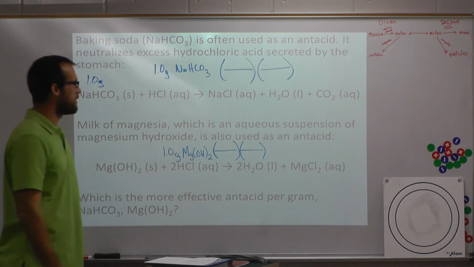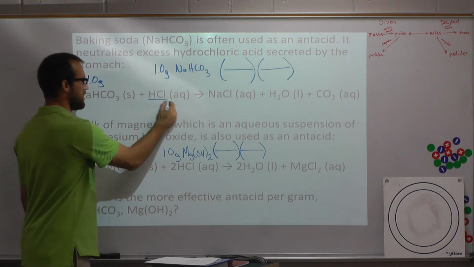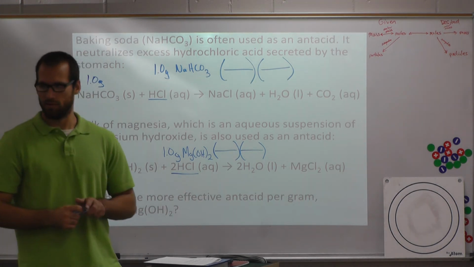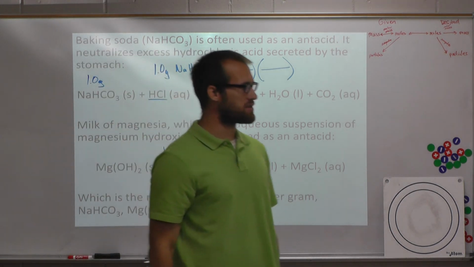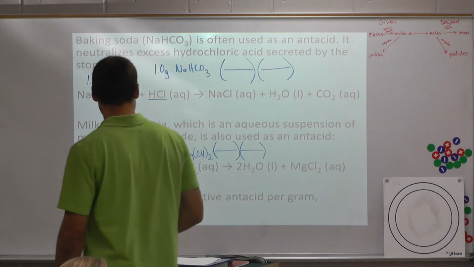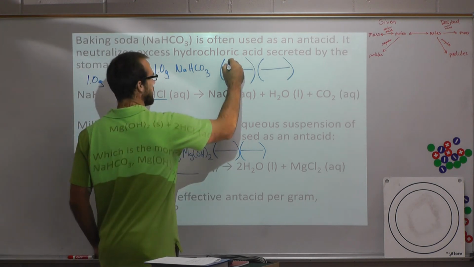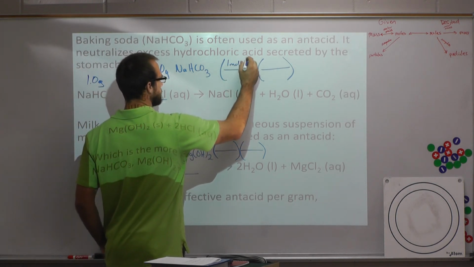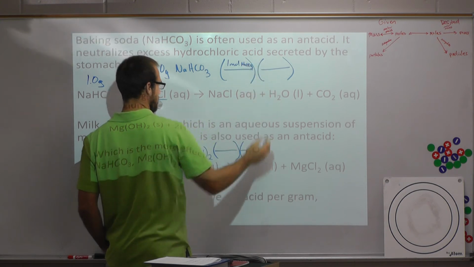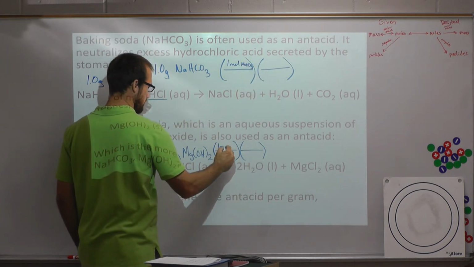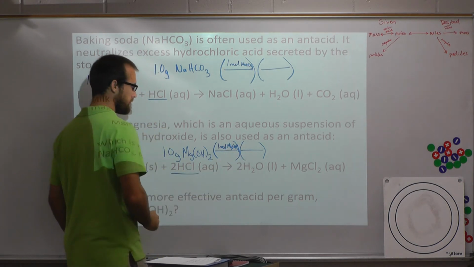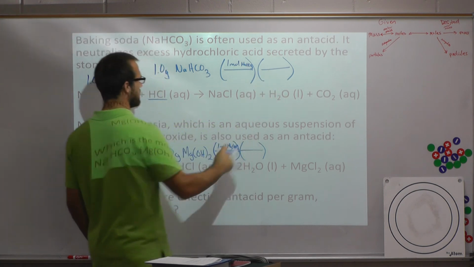I want to figure out how much of the HCl will get reacted, because that's the goal of an antacid: to react with the acid produced in your stomach so you don't have heartburn anymore. We got moles of NaHCO3. What's the ratio here? 1 to 1?